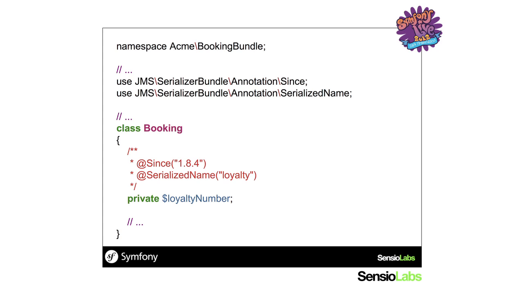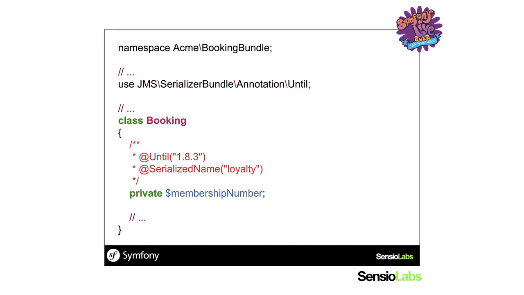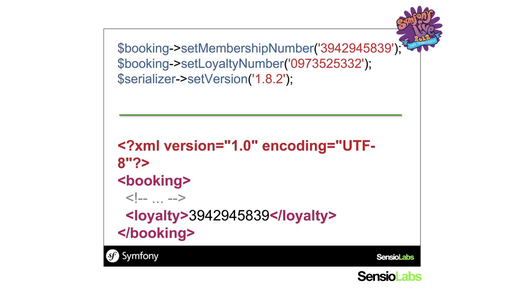So from version 1.8.4, I will have this property, but until version 1.8.3, I had membership number, but I changed the implementation. In fact, this property contains two values, but I want to serialize to loyalty.